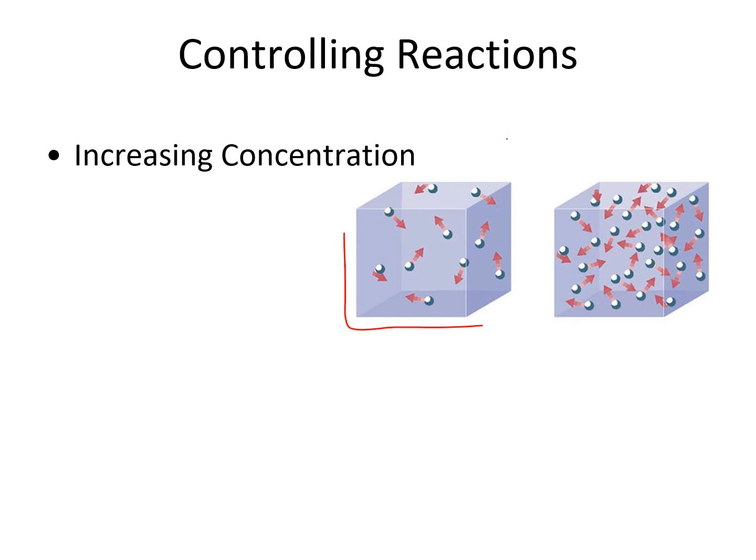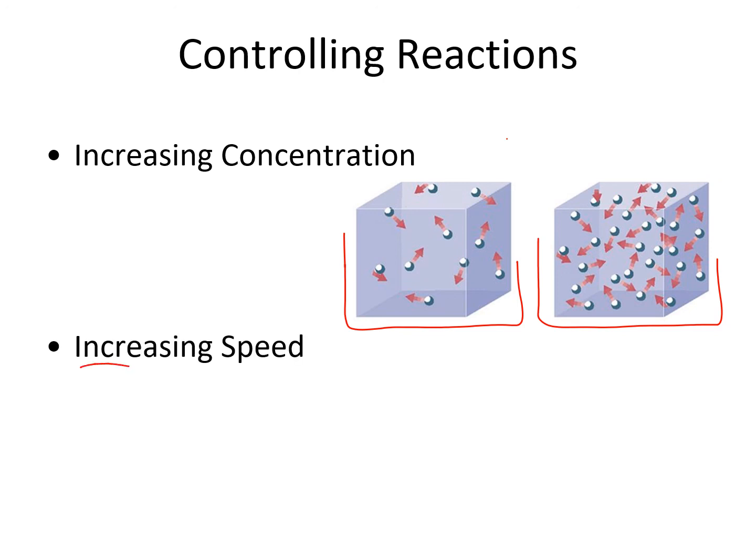So if you have very few reactants, you have a low probability of them interacting with enough speed and in the correct orientation. But if you increase that concentration, you increase the likelihood of the reaction occurring. Another way you can increase the likelihood of the reaction is by increasing the speed of the molecules.